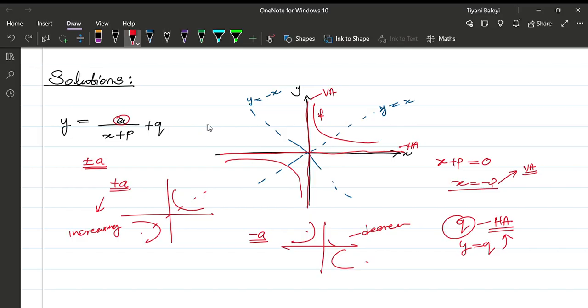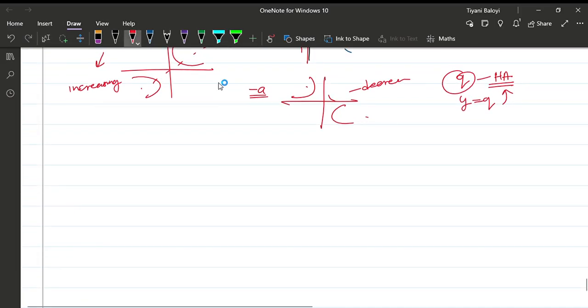So for hyperbolas, what is your axis of symmetry? If the equation is just a over x, with p and q being 0, you have these as your axes of symmetry. It's a different story when your function is y is equal to a over x plus p, plus q, right?